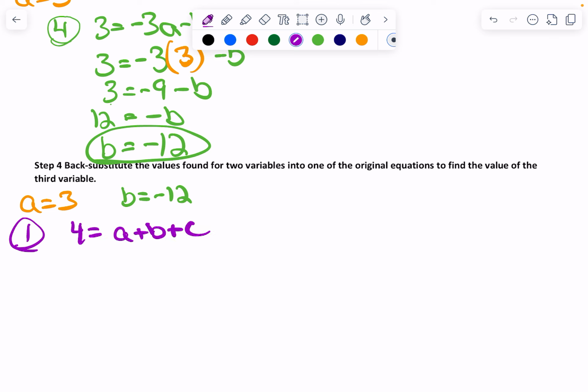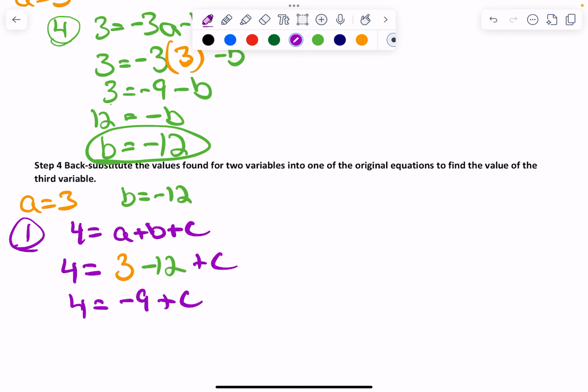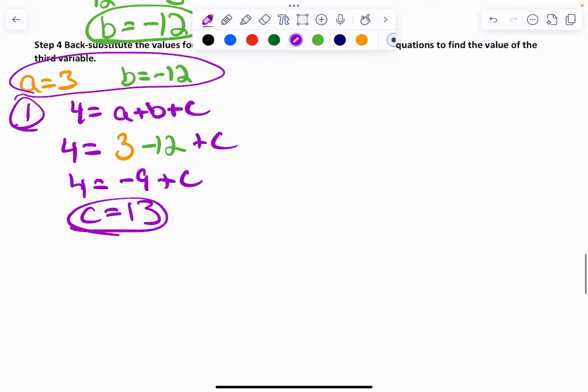So it's the easiest to do the calculations. 4 equals a is 3 plus b is actually -12 plus c. Okay, so 4 equals -9 plus c. I'm going to flip this over. C equals 13. Okay, we have all 3 now.